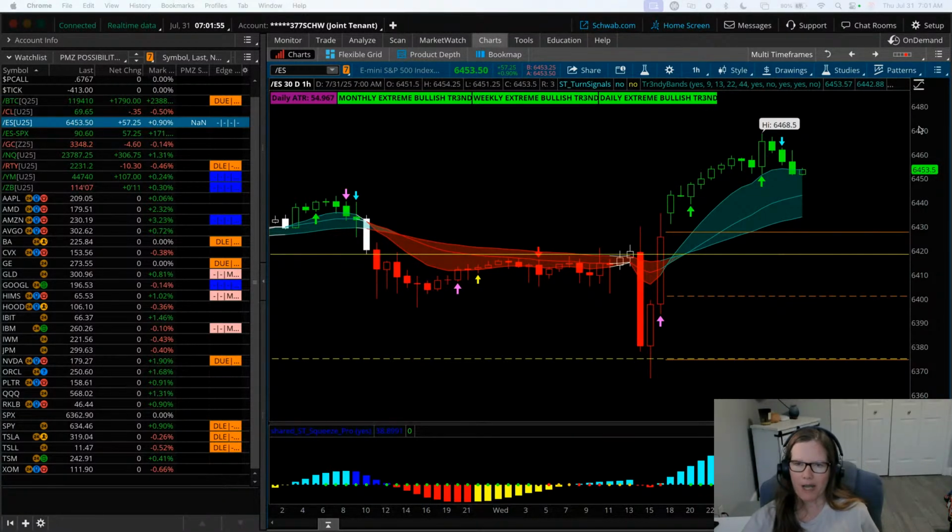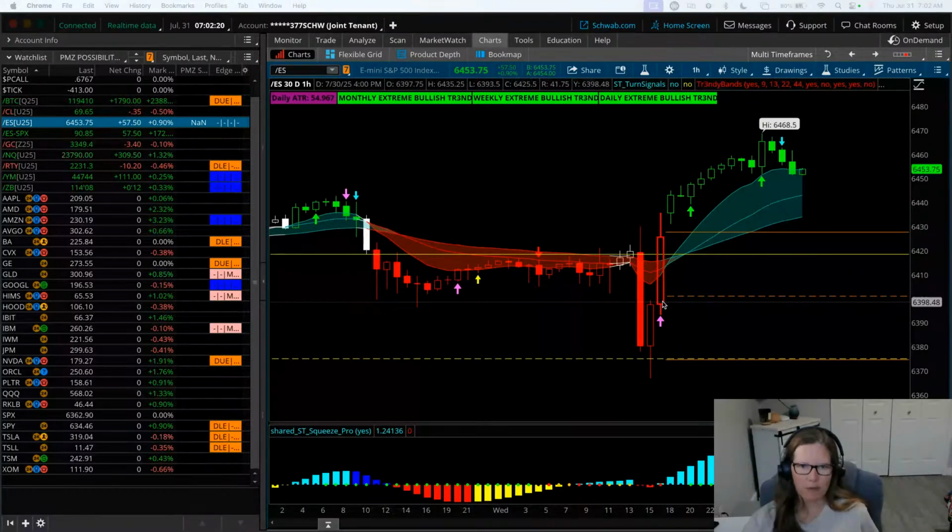But for now, I'm going to set up my daily blueprints for the ES futures as well as the Nasdaq futures. Now, you can trade SPY, SPX, and ES futures off of this ES daily blueprint, as well as QQQ and NDX off of the Nasdaq blueprint.